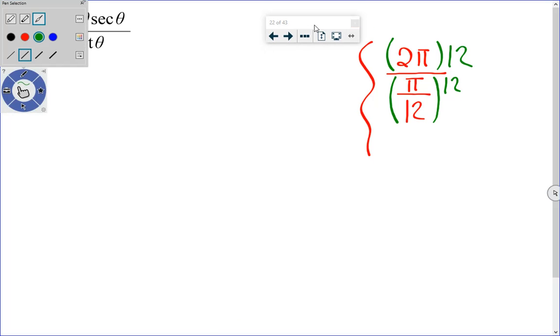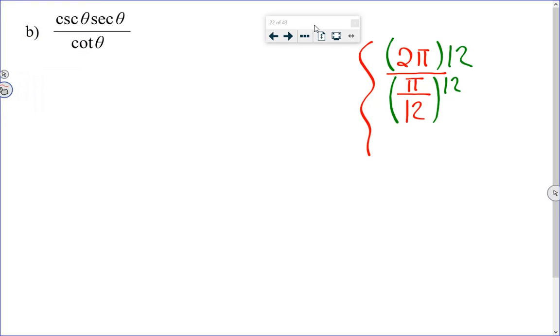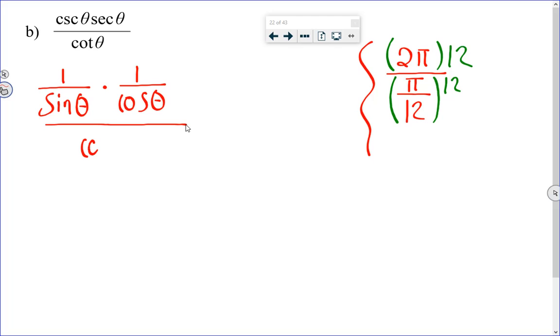I'm going to rewrite this as on the top 1 over sine of theta times 1 over cosine of theta, and on the bottom cosine of theta over sine of theta. And since we're not proving this, we don't need to write down the reasons why, but I would like you guys to start typing the reasons why.